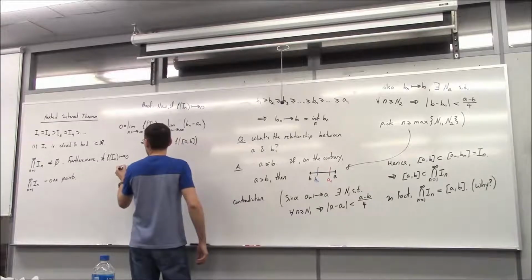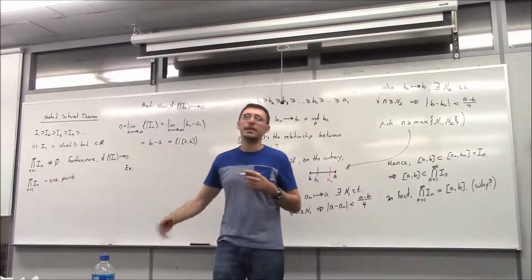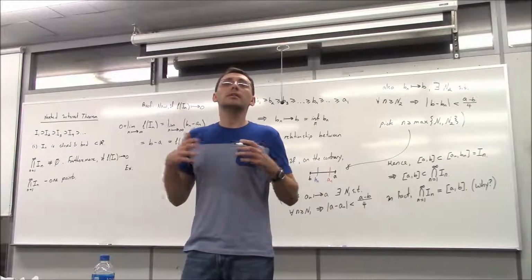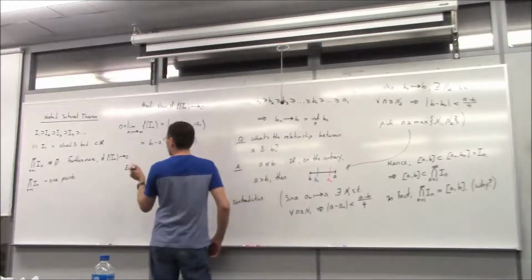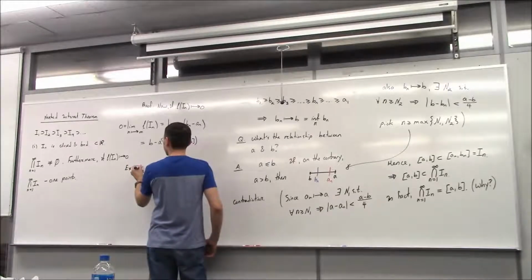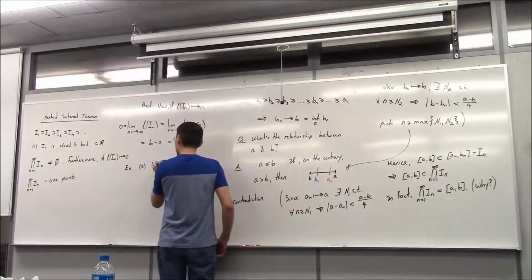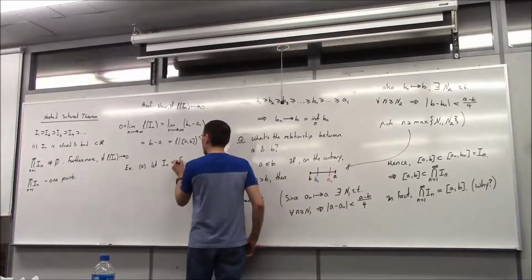So let's see examples. Is it necessary to assume that the sets are closed? Is it necessary to assume the sets are bounded? Okay? So let's look at this example. Let I_n equal the closed interval from n to infinity.